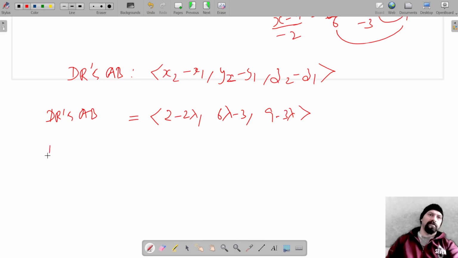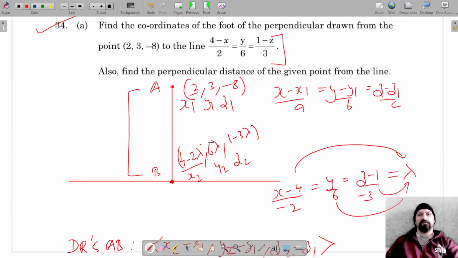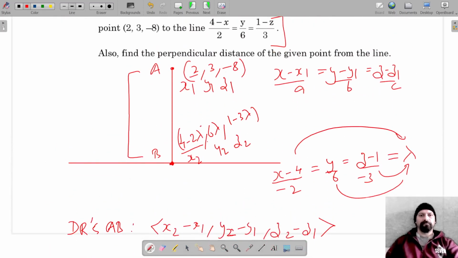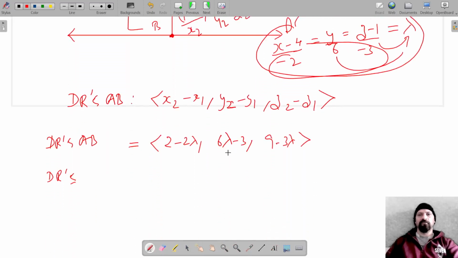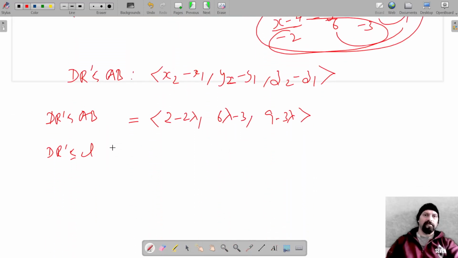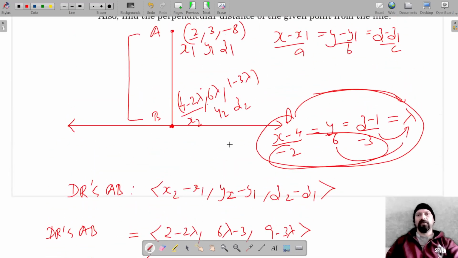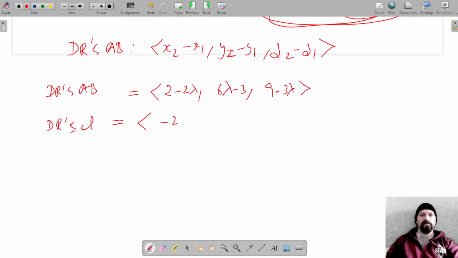Similarly, let's write down the direction ratios of the line, let's say line L, whose equation is given to us. The direction ratios of line L are -2, 6, and -3.